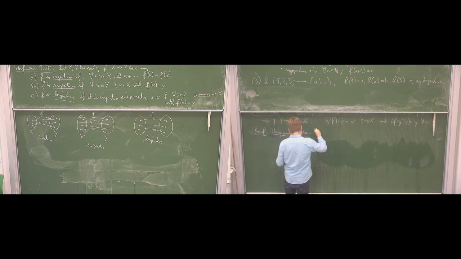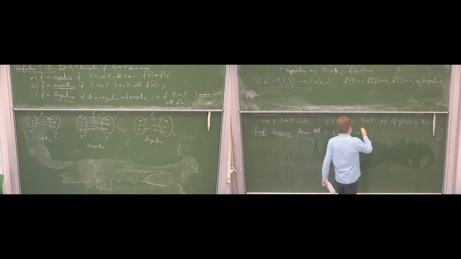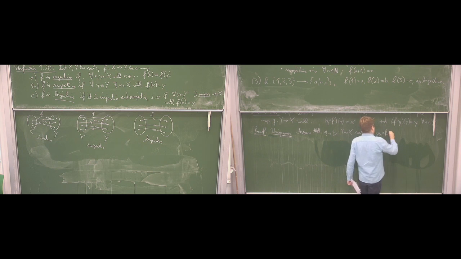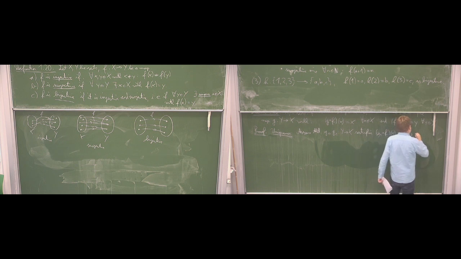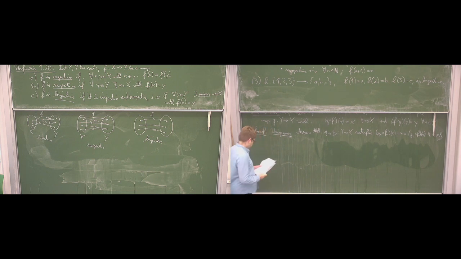Assume that g1, g2 are maps from Y to X, and they satisfy the first of these two properties that we want. g1 circle f of x is x, and this should also be true for g2 circle f for all x in X. Okay, we need to derive that g1 and g2 are then equal. We start with g1. First of all, we take a point in Y, and we need to show that on every point in Y these two coincide.